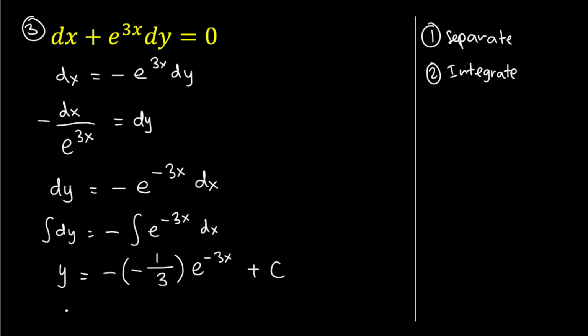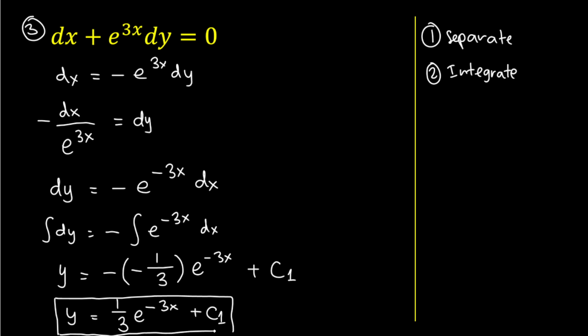Or we can rewrite this as y is equal to 1/3 e to the minus 3x. Or let's just name the constant C1, so I have plus C1 here. And I think that's all for this example number 3. This is the solution of the separable differential equation.